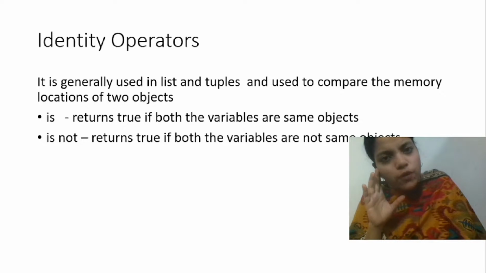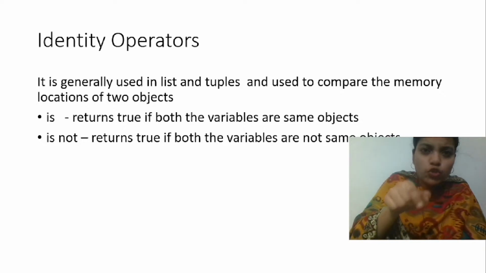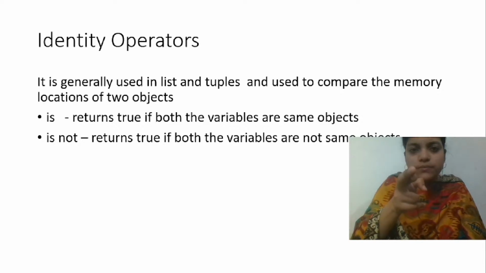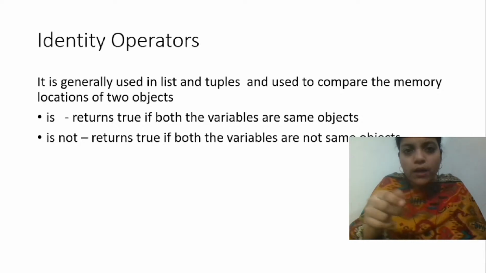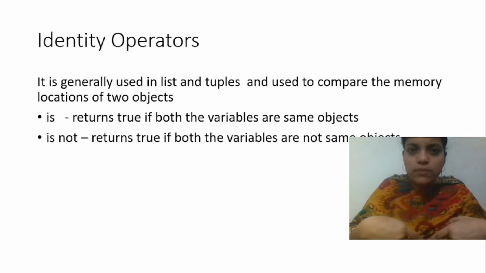Clear? So first of all, we should be very clear. The identity operator is used with lists and tuples, and it is used to compare the memory locations of two objects. Only if the memory location of the two objects is the same does it return true.